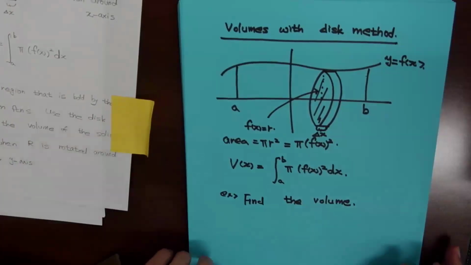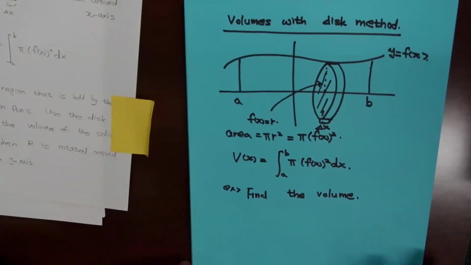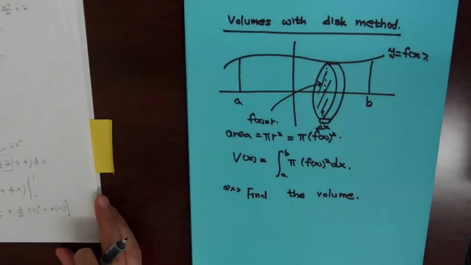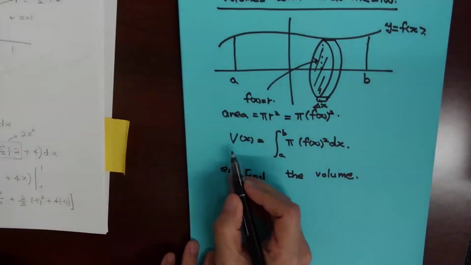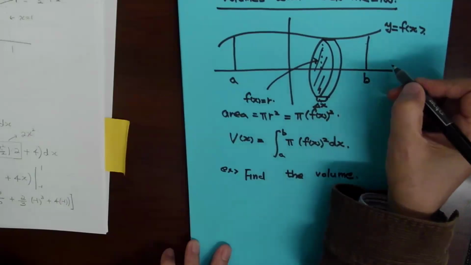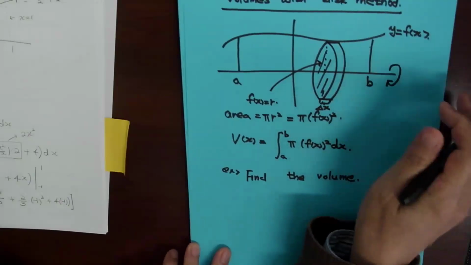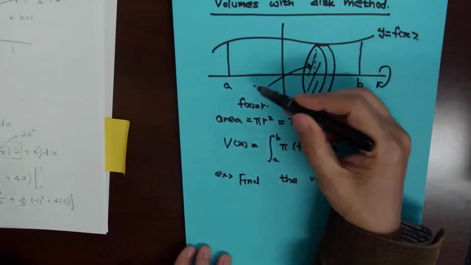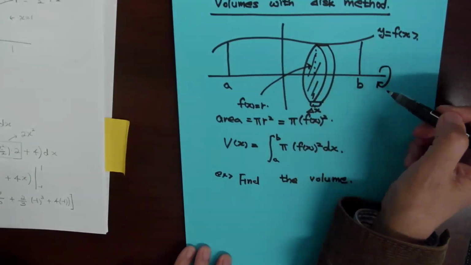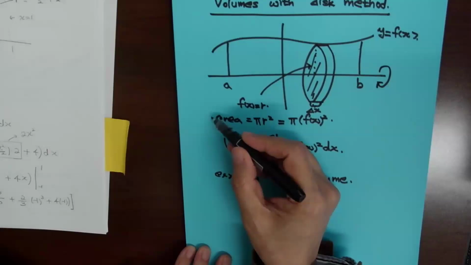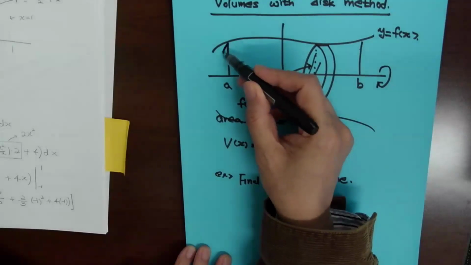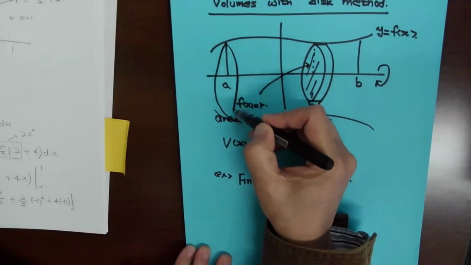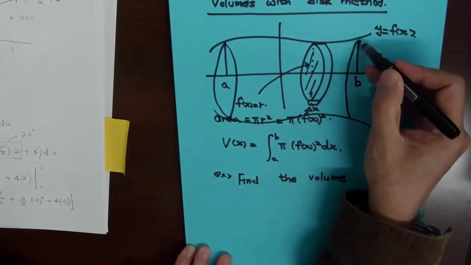Last time we started the volume with this class method. The formula is like this: when we think about the volume of the object made by rotating around the x-axis, the object will look something like this, three-dimensional object.